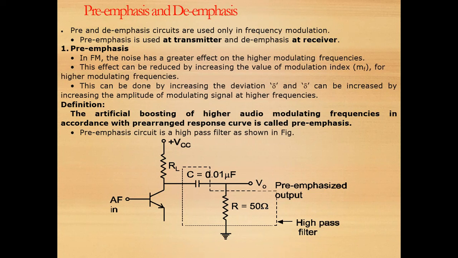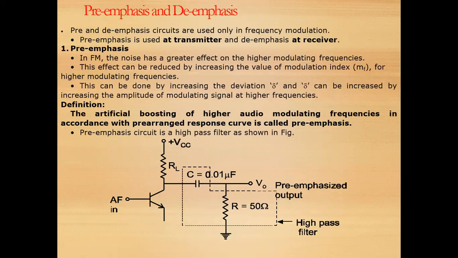How can we reduce this noise? By increasing the value of the modulation index for higher modulating frequencies. For this purpose, we go for frequency pre-emphasis. How can we increase the modulation index? By increasing the deviation. Because we already observed that mf equals delta omega by omega m.